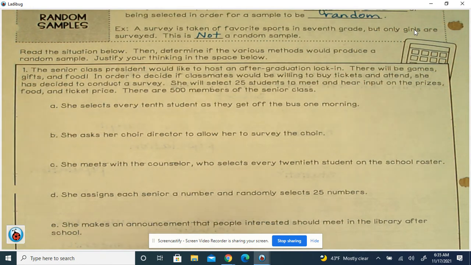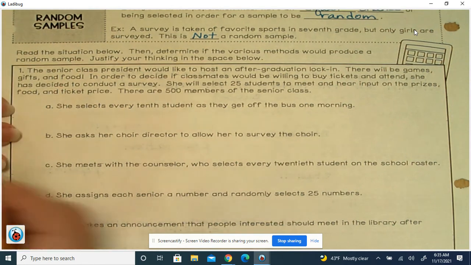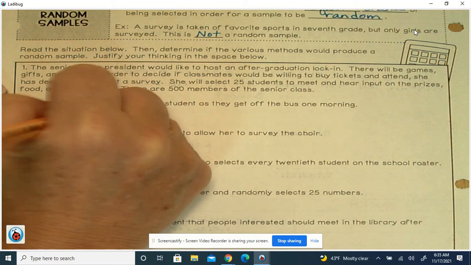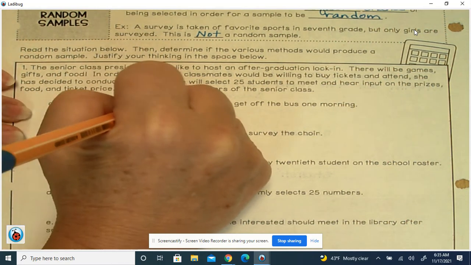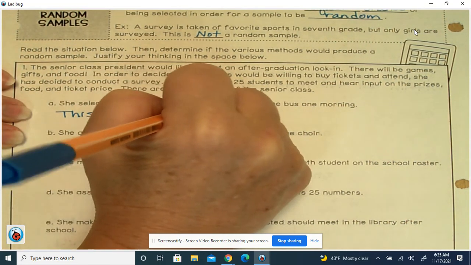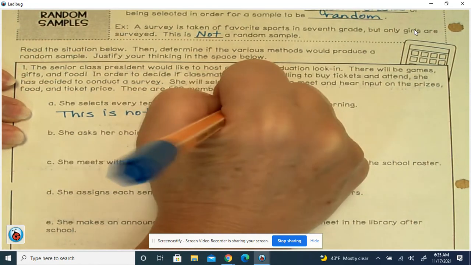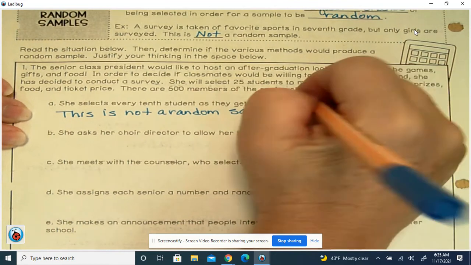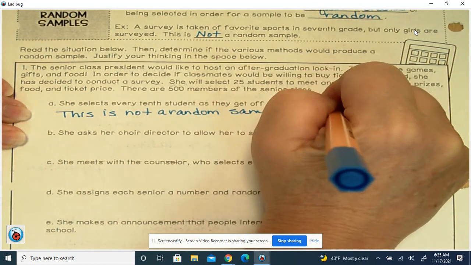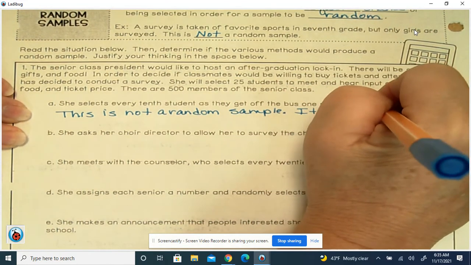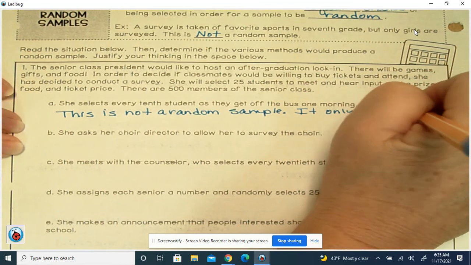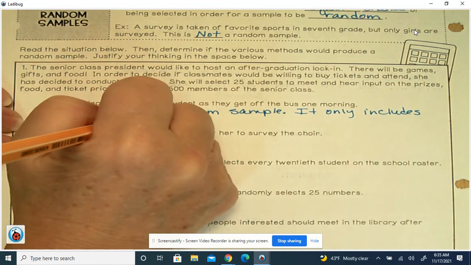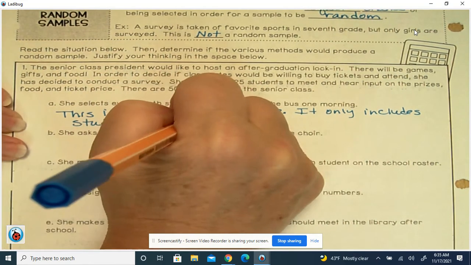No, it's not, because she only selected the students that get off the bus in the morning. So this is not a random sample. It only includes students who ride the bus.